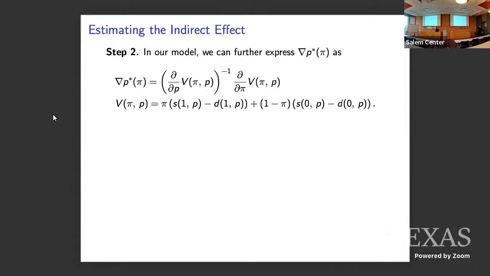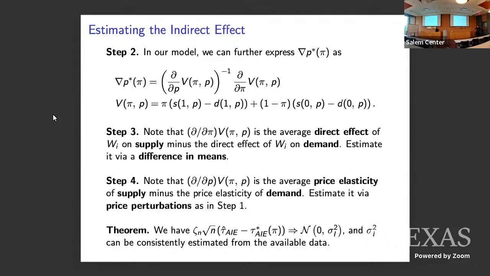Second, we have how prices change with respect to treatment probability. Here we need to represent this using the implicit function theorem. V is a kind of average supply-demand mismatch. We want the derivative of V with respect to both P and pi. Then we notice that this first thing, d pi of V, is just the direct effect of treatment on supply minus demand.